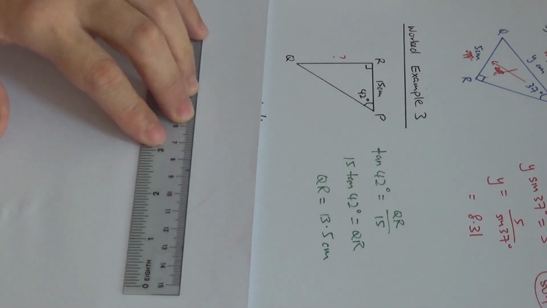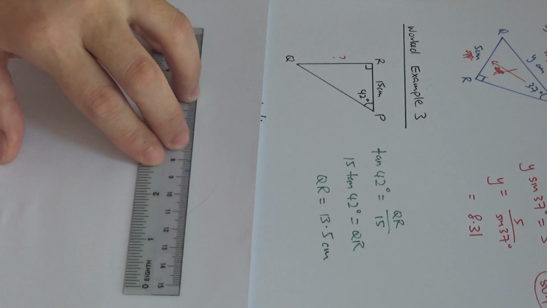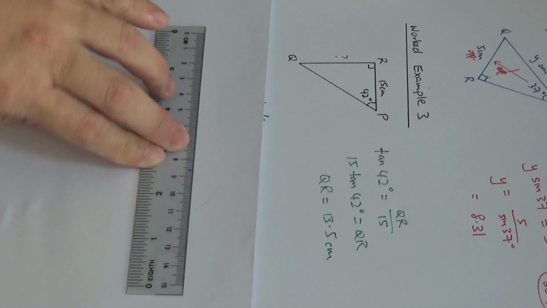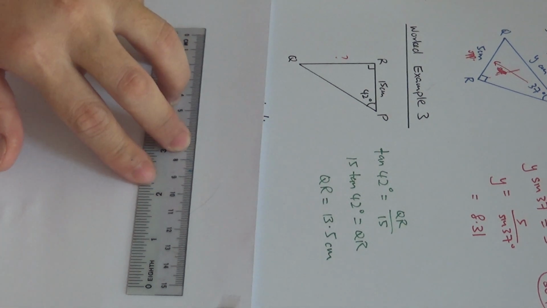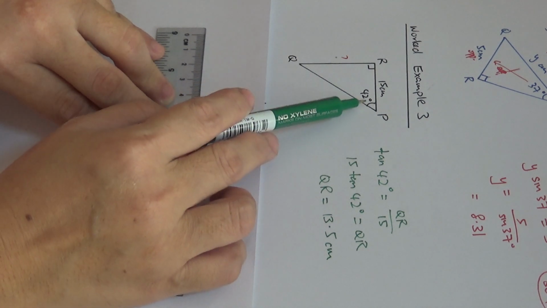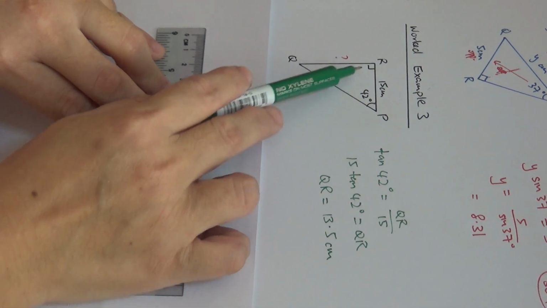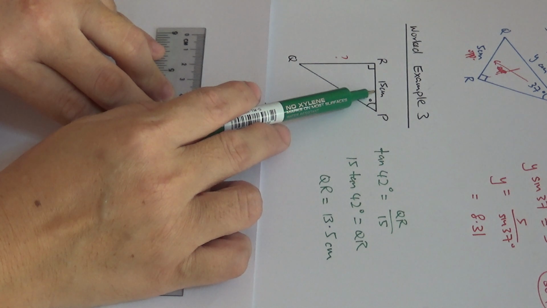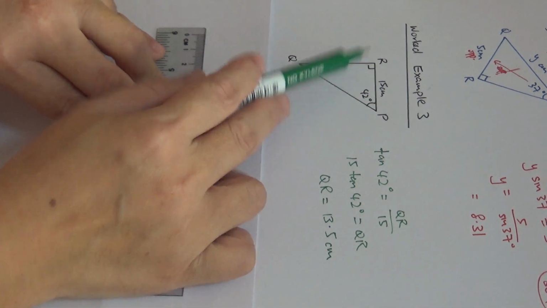Okay, now the question says in triangle PQR, angle R is 90 degrees, angle P is 42 degrees, PR is 15 cm, calculate the length of QR.